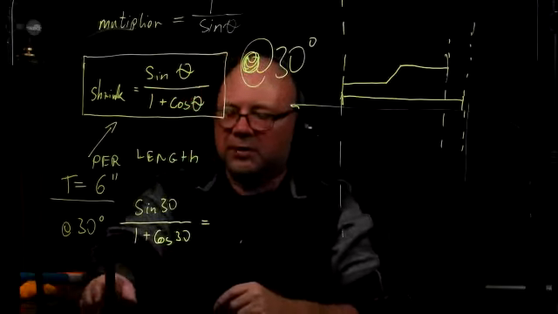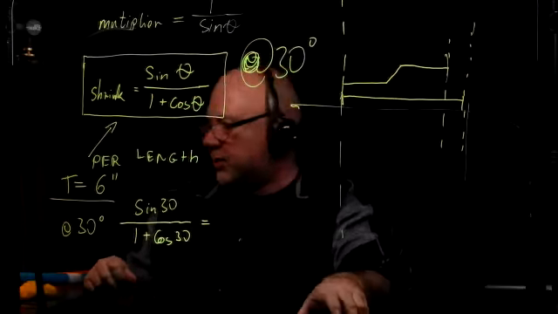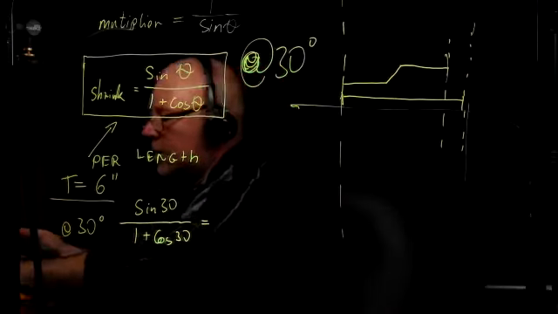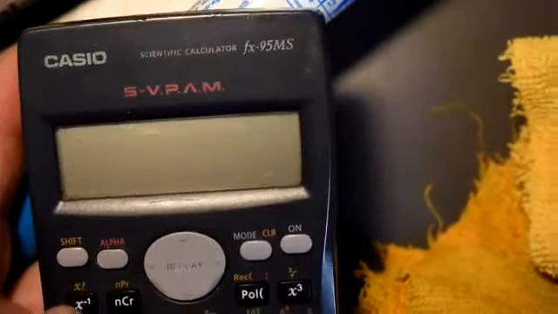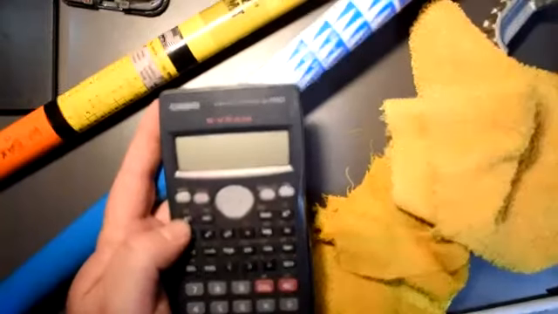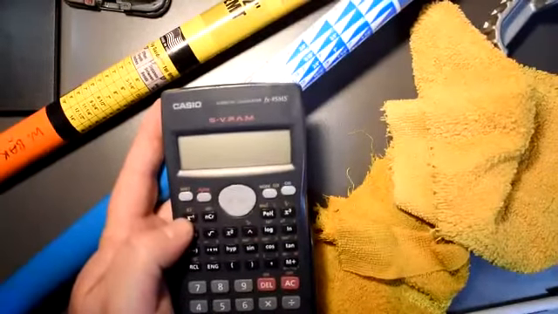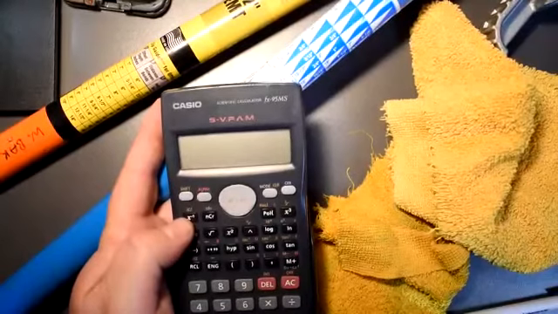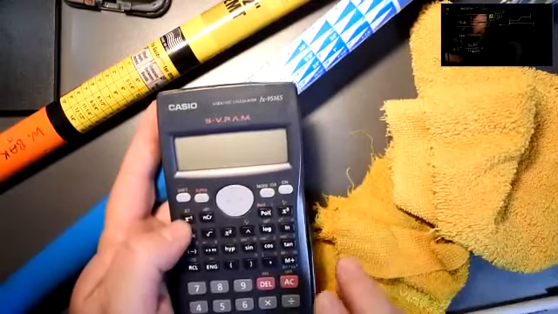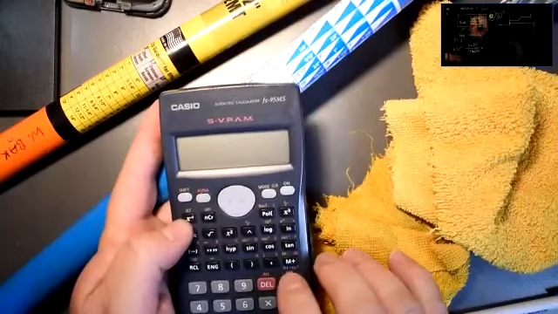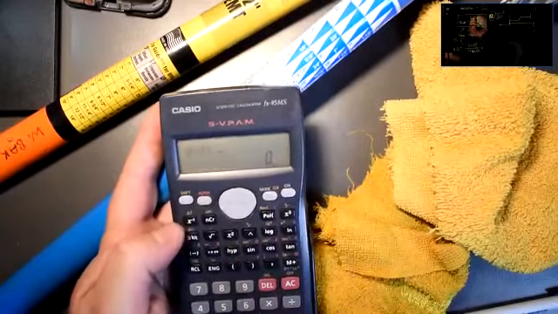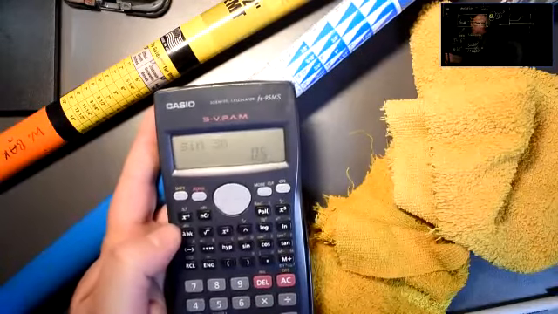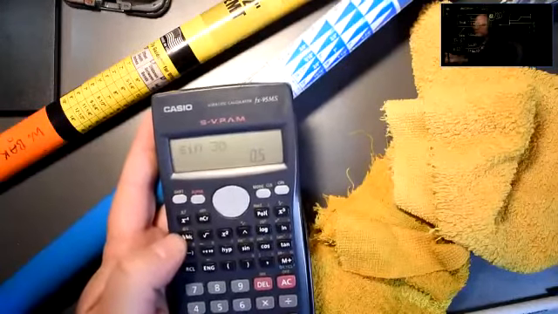Let's just not have any shortcuts here. All right. Wrong camera here. We can still see it. All right. So we already know that sine 30 degrees is 0.5.